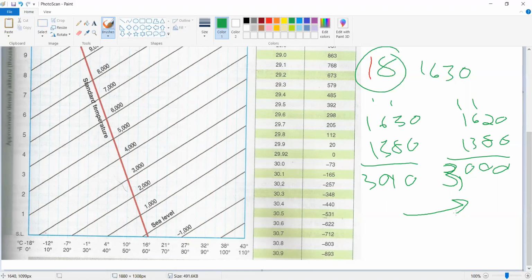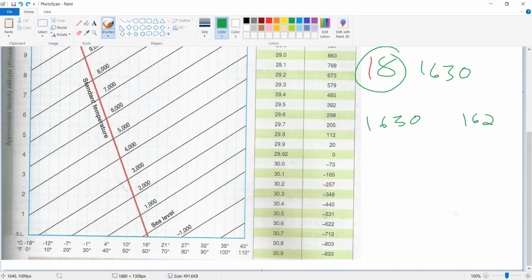So about that, the closest answer to that is B, 2,991. Now, what the book is asking gets a little bit technical with the math, but if we do it like this, this should be just fine.